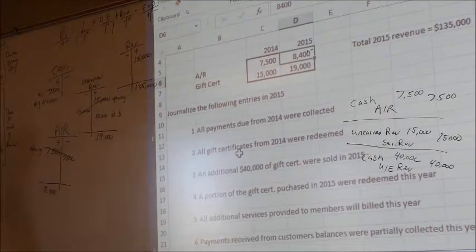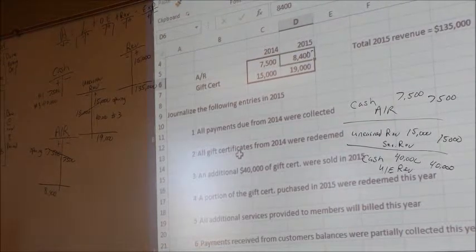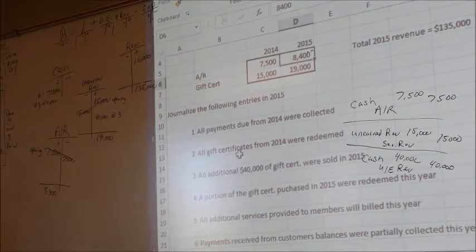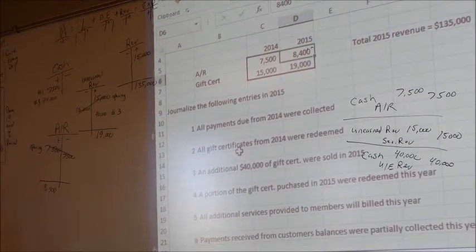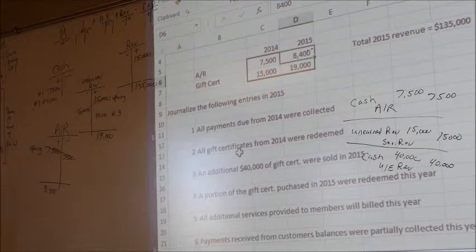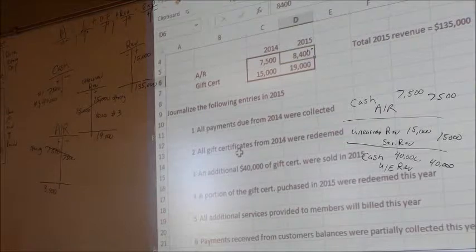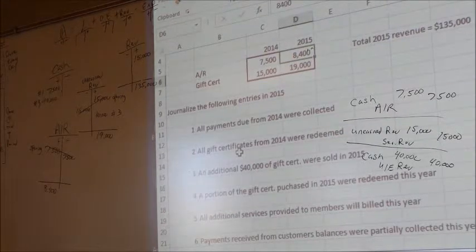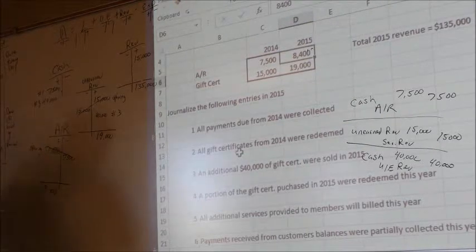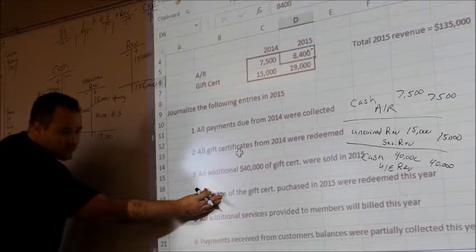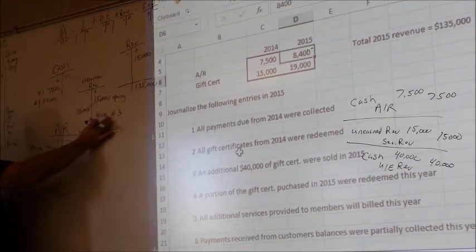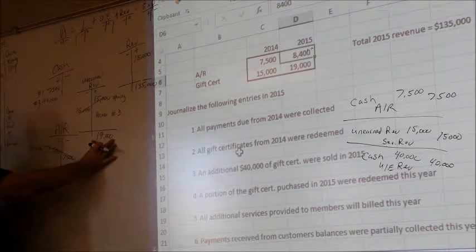So I did. A portion of the gift certificates purchased in 2015 were redeemed this year. Somebody else help me out on this one. Melissa? You debit 21,000 from the unearned. How'd you get 21,000? Because you subtract the 19 from the 40. A portion of the gift certificates were redeemed. That means I went from 40,000 this year to an ending balance of 19.